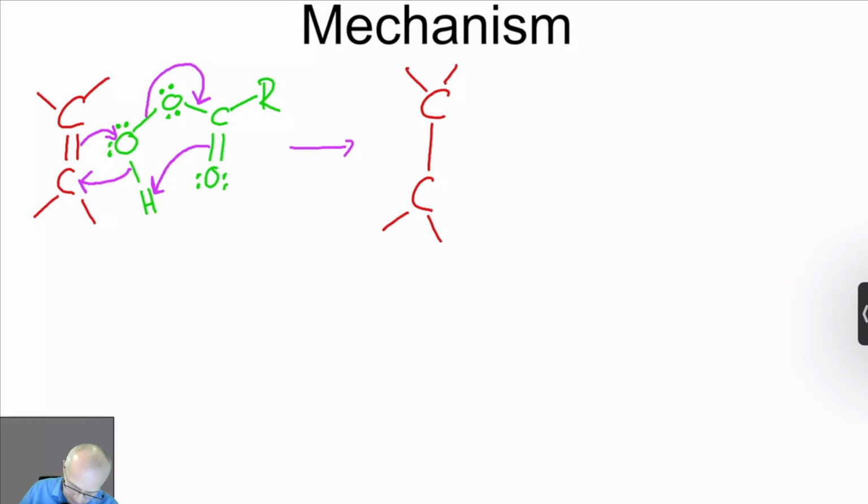Make sure I get this right, guys. I'm going to go real slow to make sure I get it right. Get my carbons out here. I'm going to draw them all in a solid line just to get the atoms in.